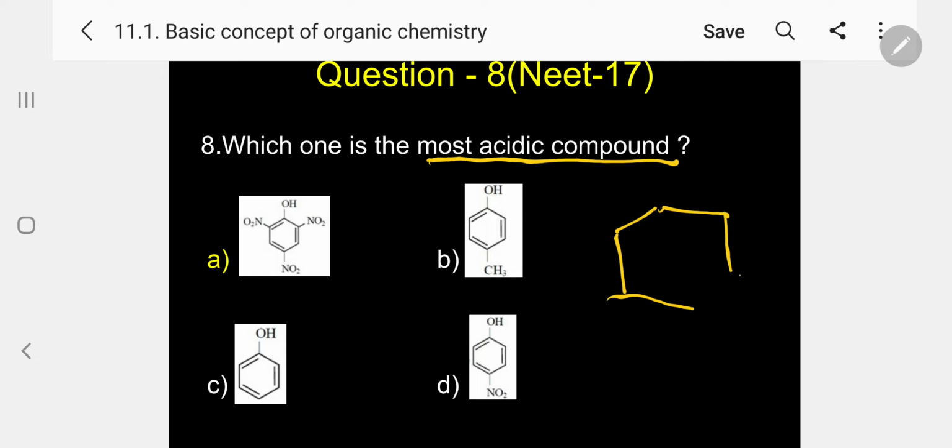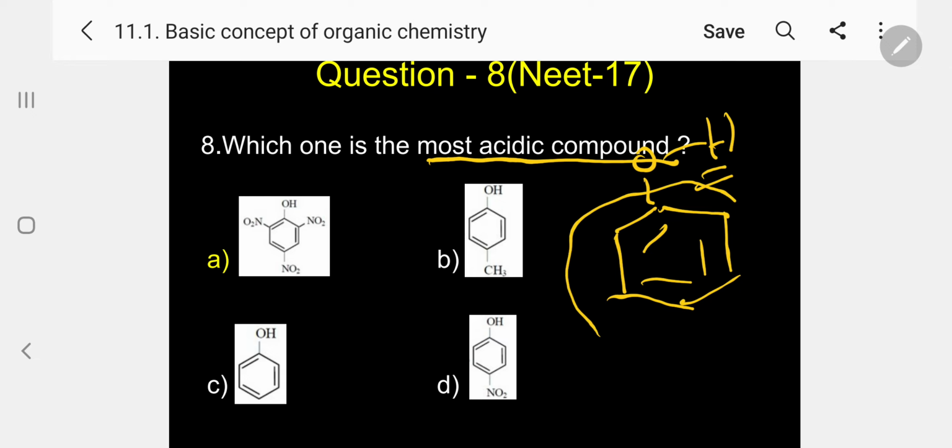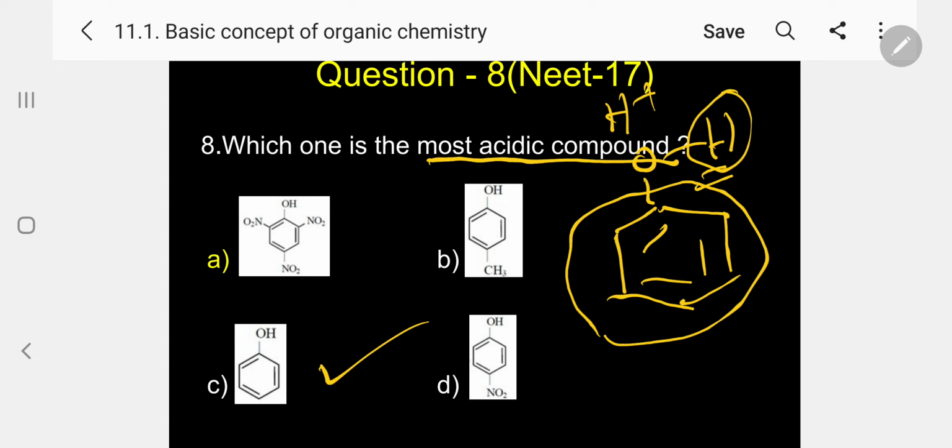In this OH, because of the phenyl group, the oxygen along with the phenoxy group is electron attracting, attracting the hydrogen, which will go in the form of H+. So acidity.